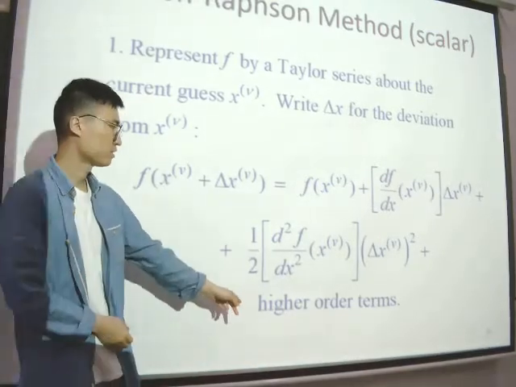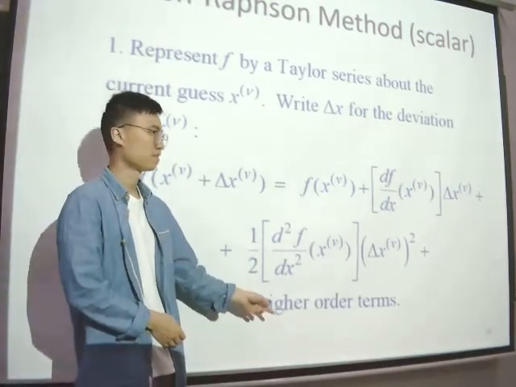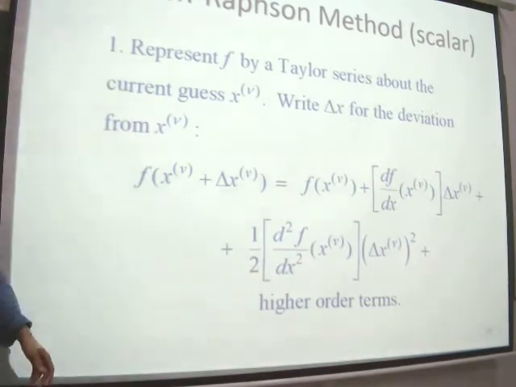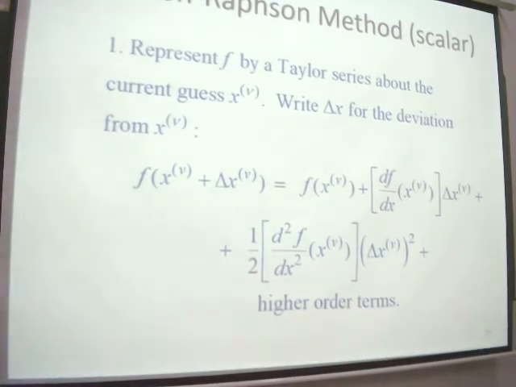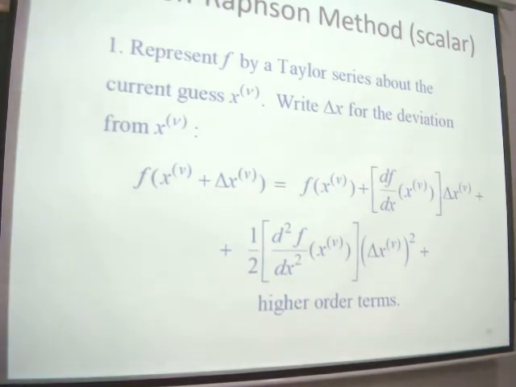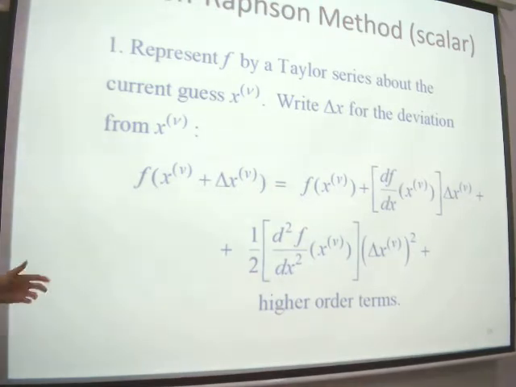The higher order terms will be the third order, the fourth order, the fifth order, and so on. Okay, so this is the Taylor series. I think we are okay with this page.